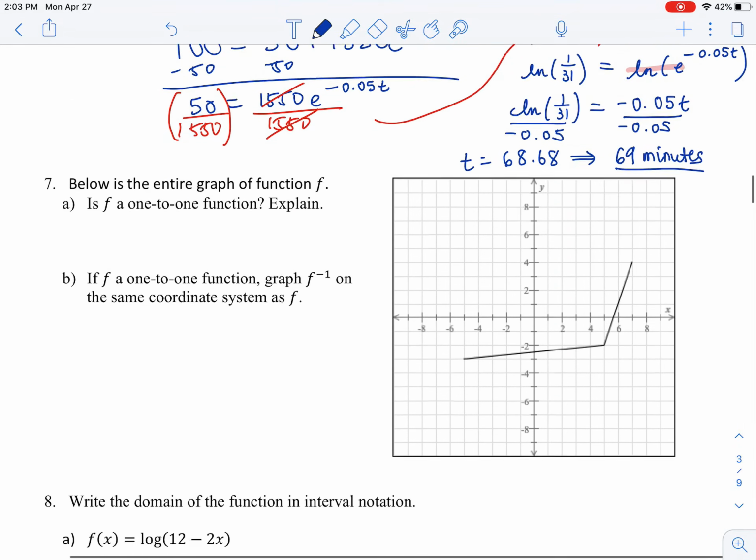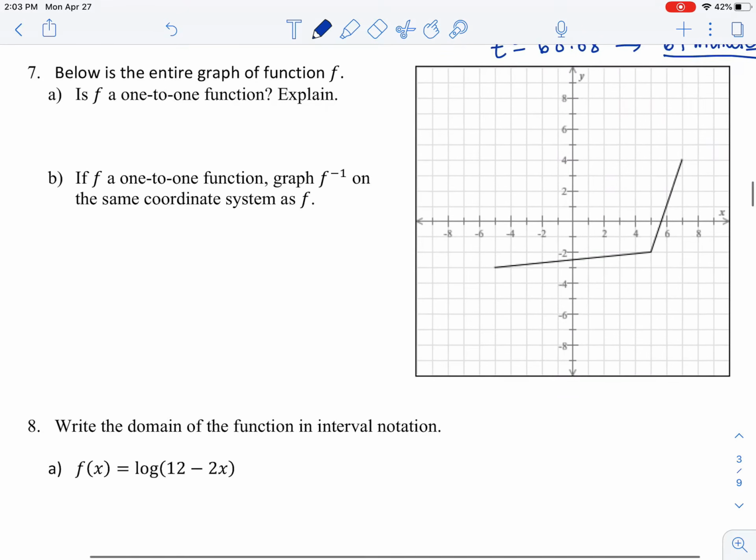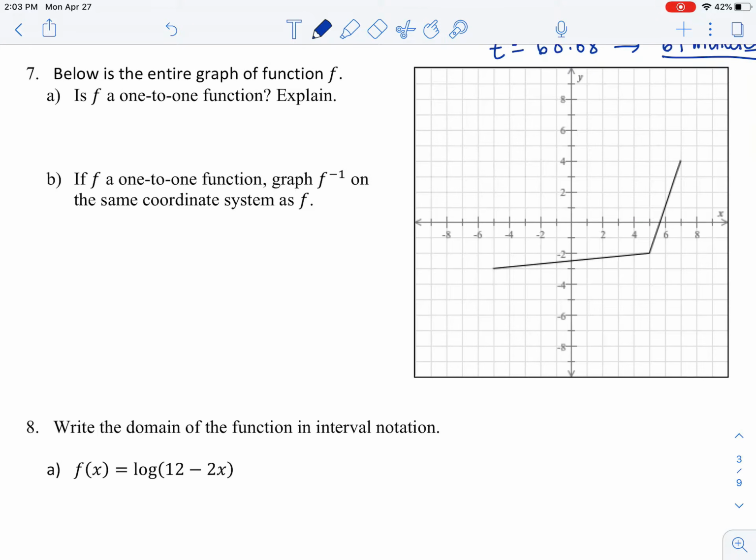Let's talk about number 7. This is something that we actually did before spring break when we were actually in that classroom together. Below is the entire graph of function f. Is f a one-to-one function? Explain. Well, to be a one-to-one function, it better pass the horizontal line test. And it looks like anywhere I draw the horizontal line, it's not going to touch more than once.